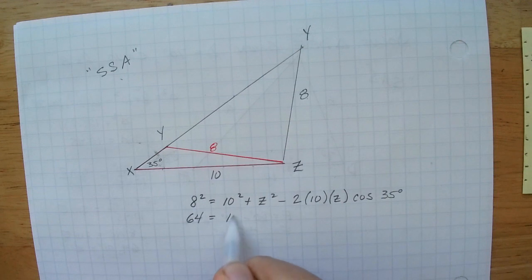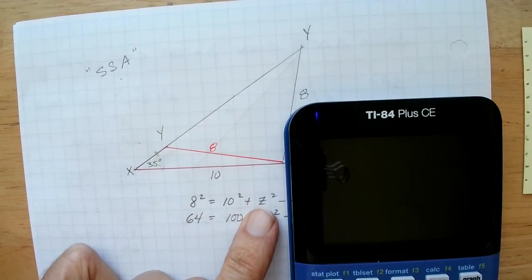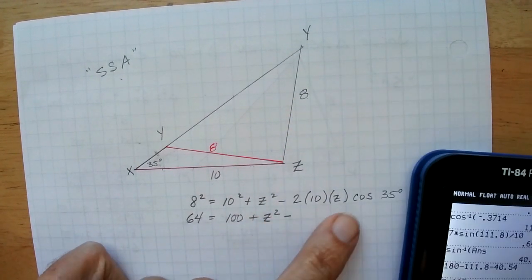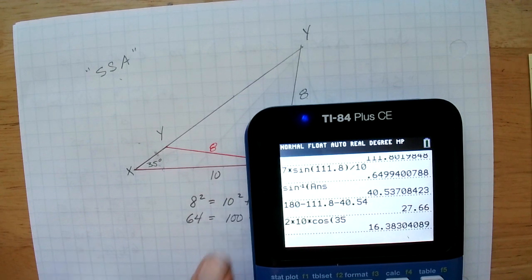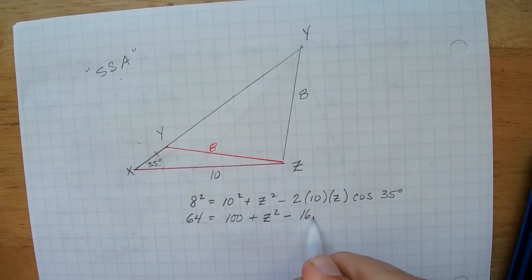You'll have 64 equals 100 plus z squared minus, and now all of this can be cleaned up a little bit. 2 times 10 times cosine 35, and we get about 16.38 z.